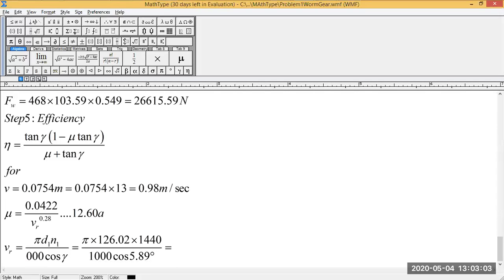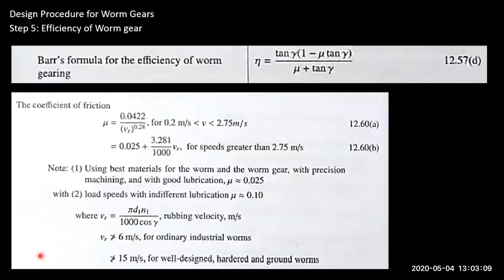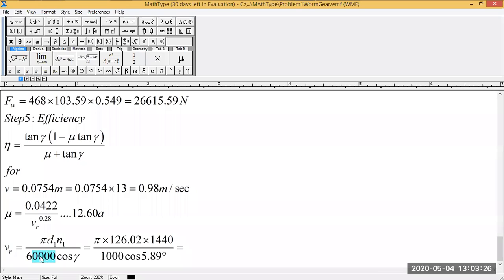Okay, make this small change in the data handbook. In the data handbook it is given as 1,000. Just change this here to 60,000.